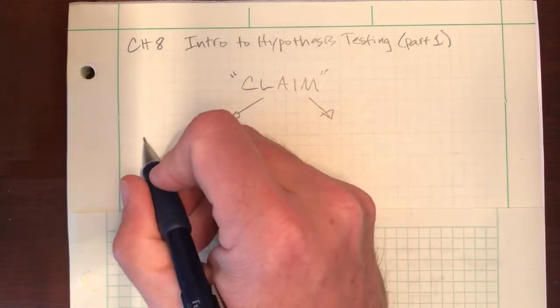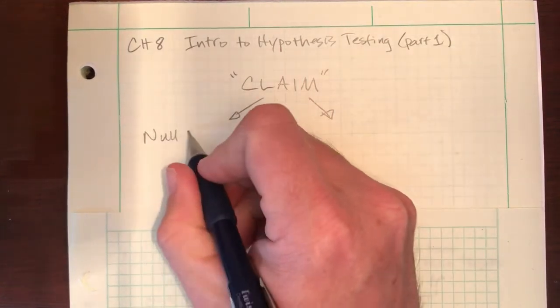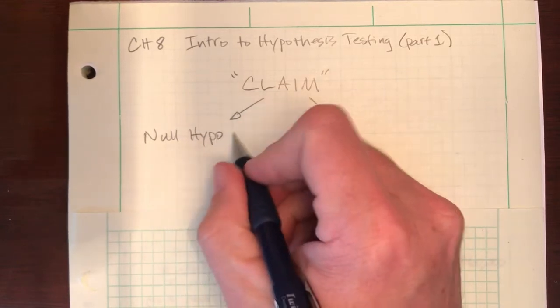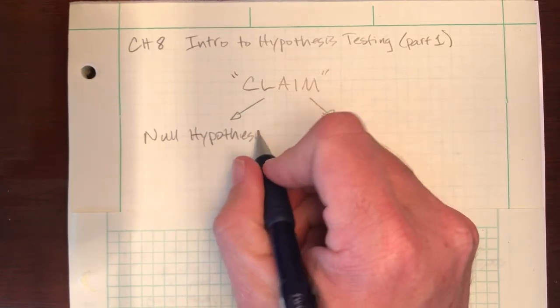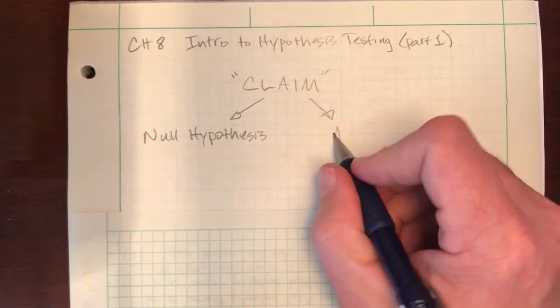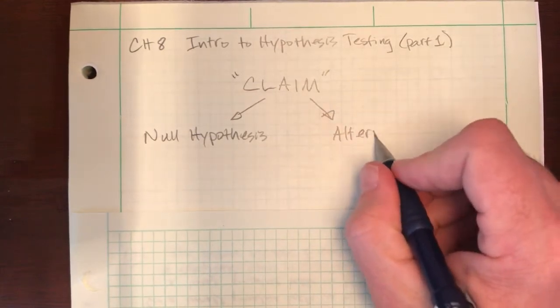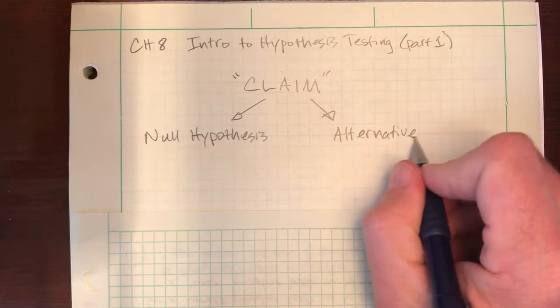The first is called the null hypothesis. And the other is called the alternative hypothesis.